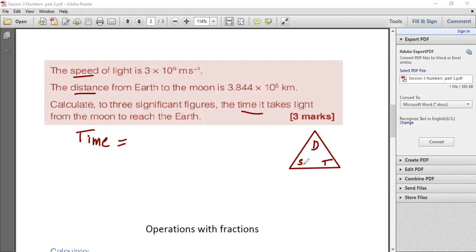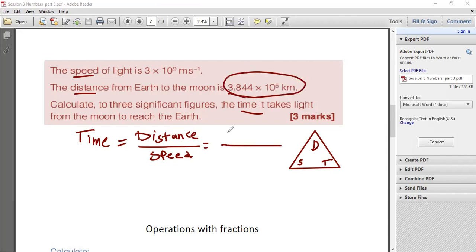Distance over speed. Write the formula. You see this triangle? If you want to calculate the distance, you multiply the speed by time. If you want to calculate time, you divide distance by speed. Then the distance is here, and the speed is here.